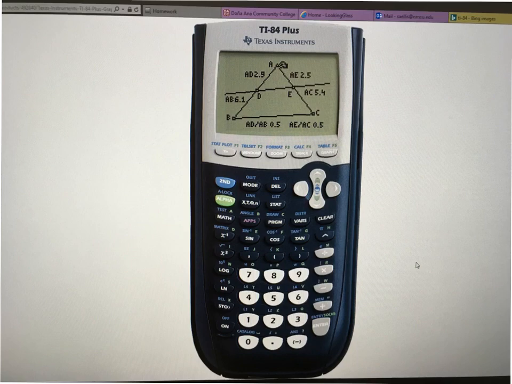Before we jump into examples, we are going to need to know how to do these on our calculator. Some of the key buttons that I want to point out: if you are trying to create an exponent, you want to use the caret key. If we are using logarithms, you have two on your calculator. You have one that says log, and this is log base 10.